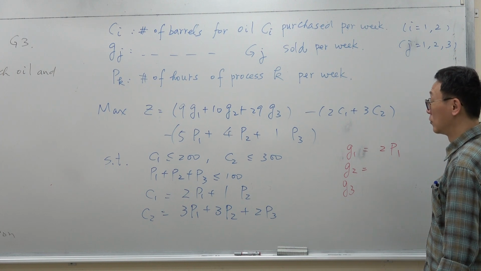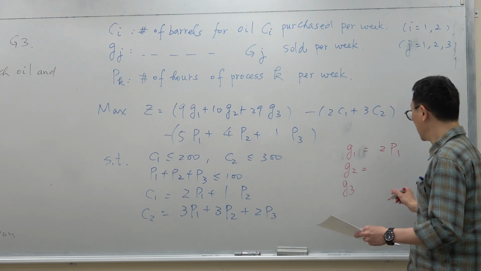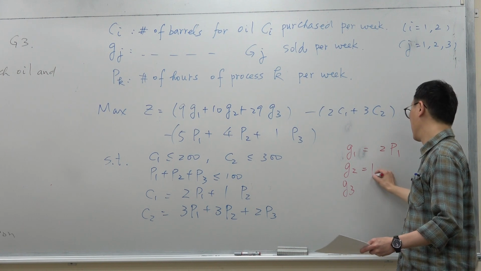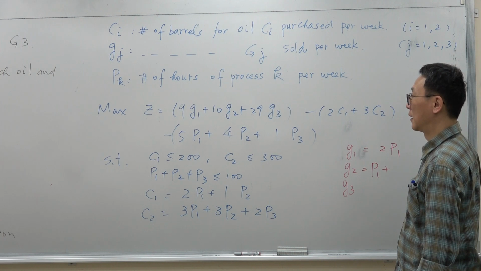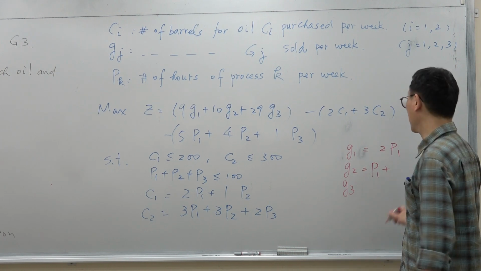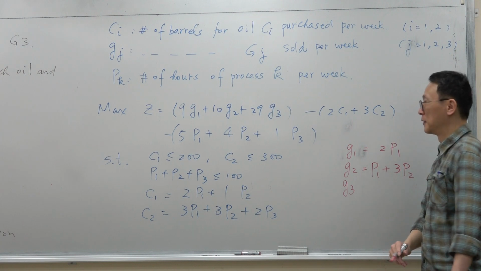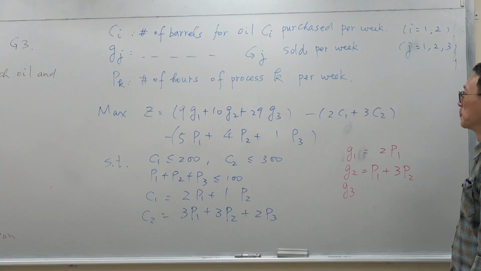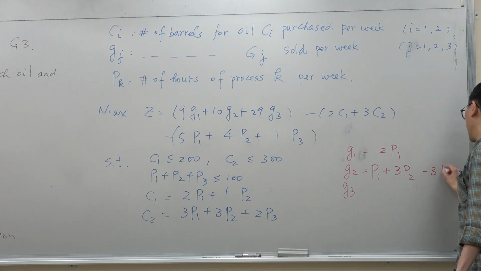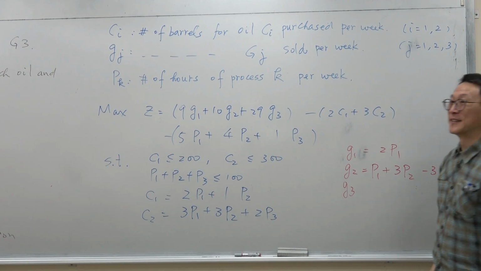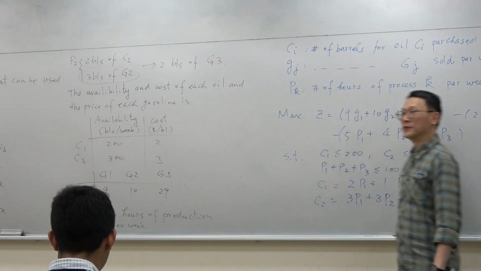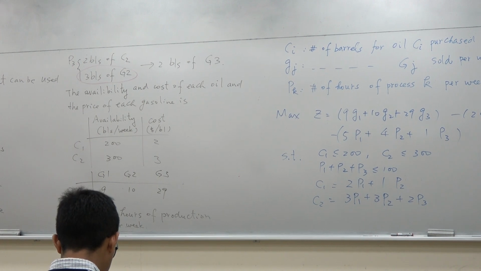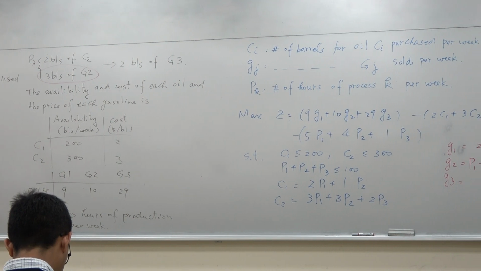G2 is 1P1 plus 3P2 minus 3P3. Minus 3P3. Why? Because they were using it. That's the input for process 3. Okay? How about G3?